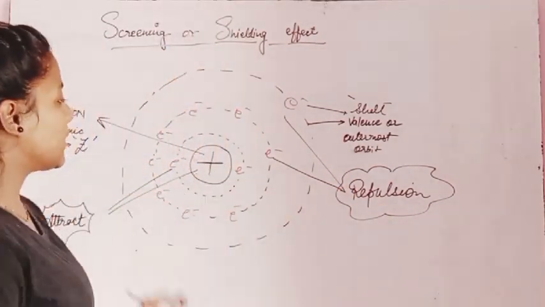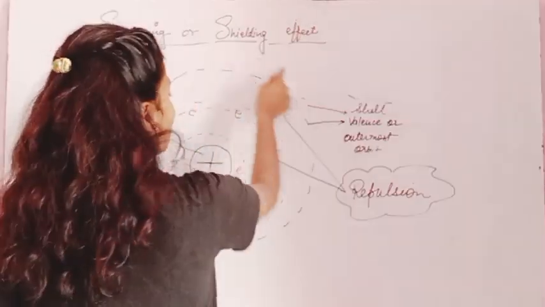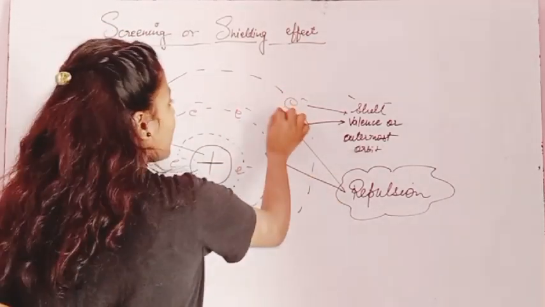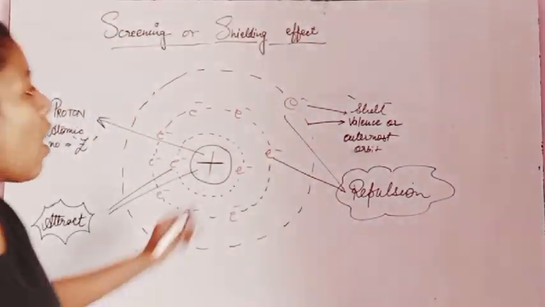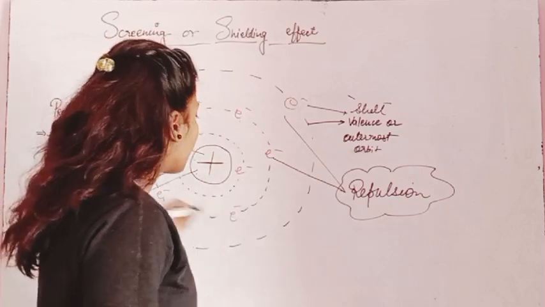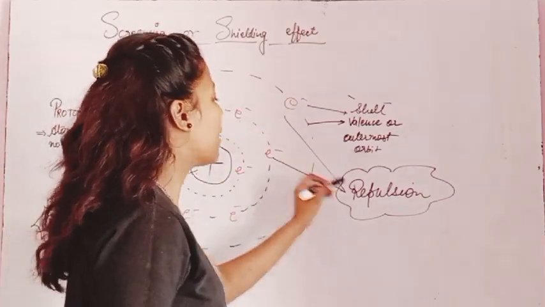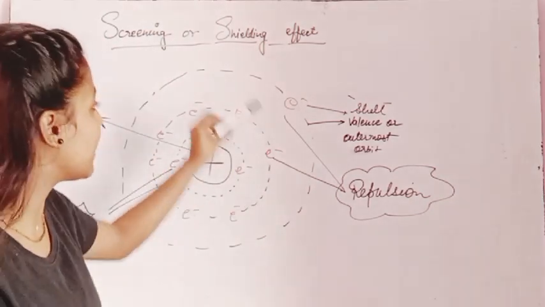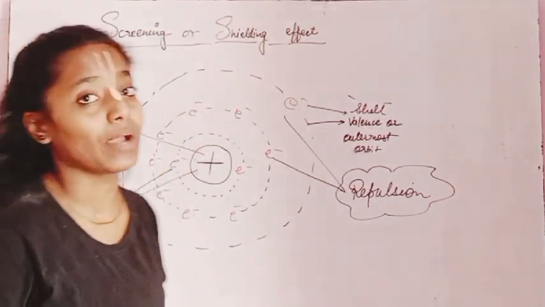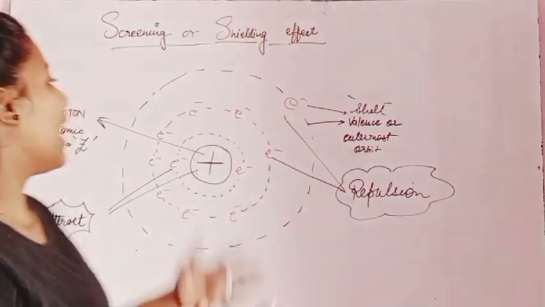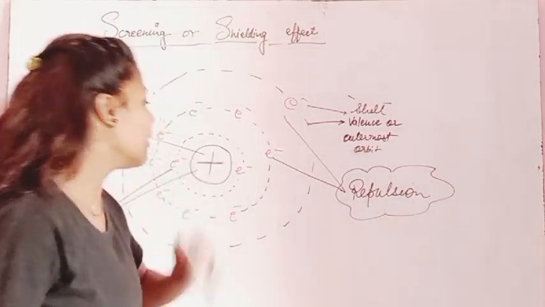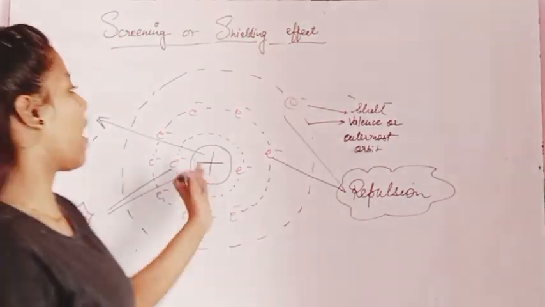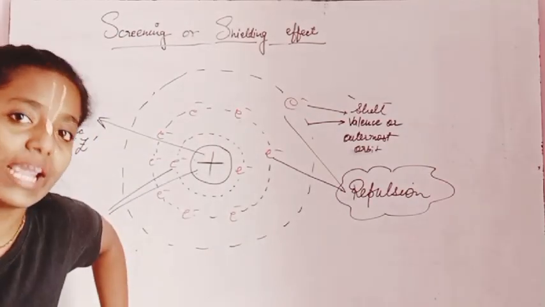Now, if I wanted to know about the particular electron which is present on the outermost shell, the inner electron is showing some kind of repulsion, and the positive charge is showing some kind of attraction on each and every electron. It might differ, the inner electron gets more attraction as compared to the outermost shell electron.